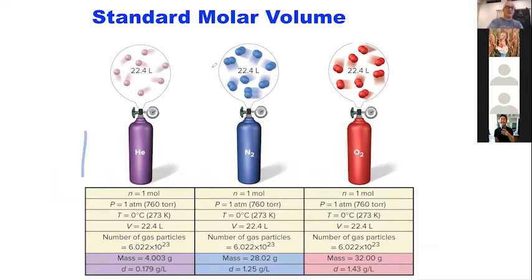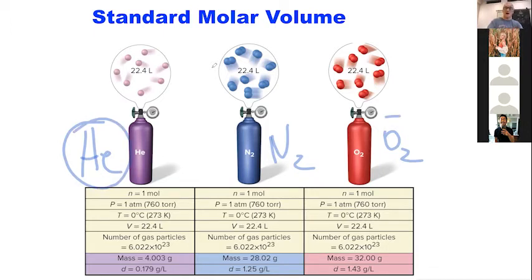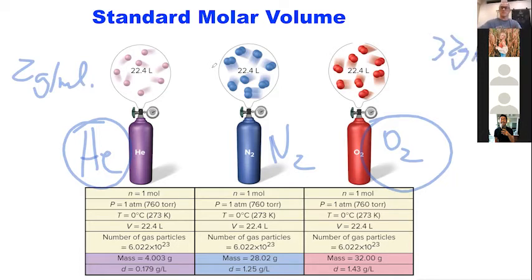We have helium here, and then we have nitrogen, and here we have oxygen. And so it doesn't matter that helium and oxygen are different masses. Helium has a mass of 2, right? 2 grams per mole. Oxygen has a mass of 32 grams per mole. But they take up the same volume.